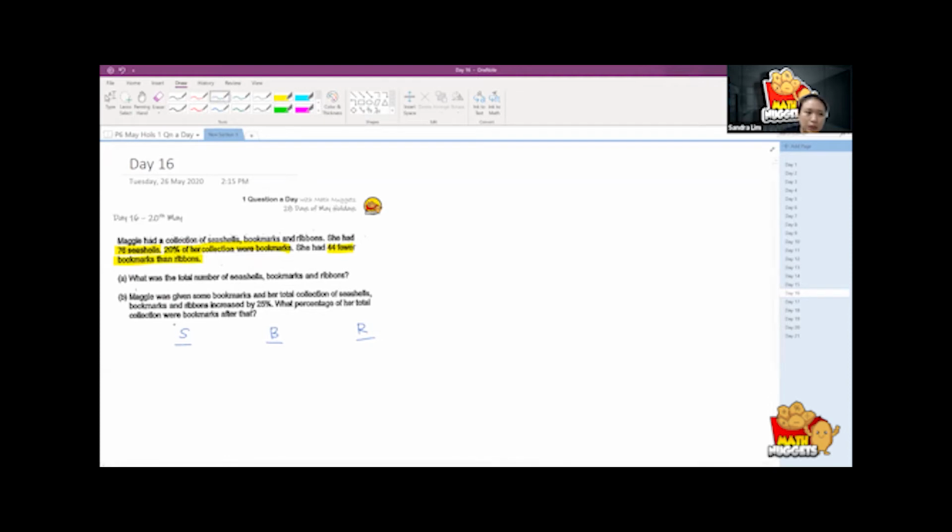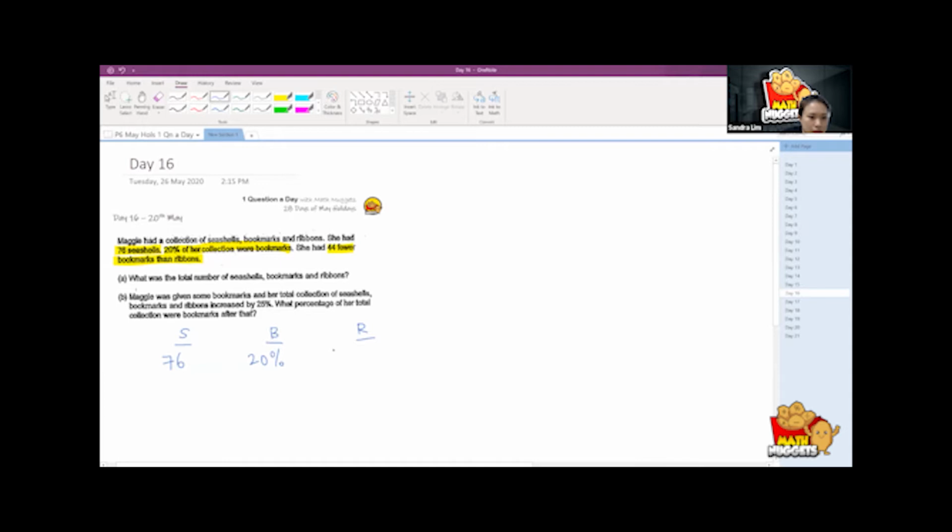So let's write all these down. Seashells 76, bookmarks 20%. So if bookmarks 20%, let's write it like that. Okay, and she had 44 fewer bookmarks than ribbons.